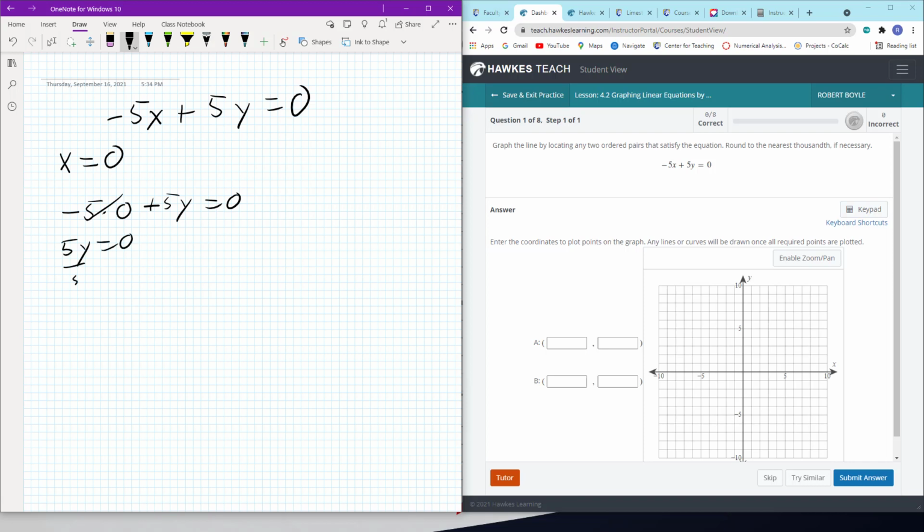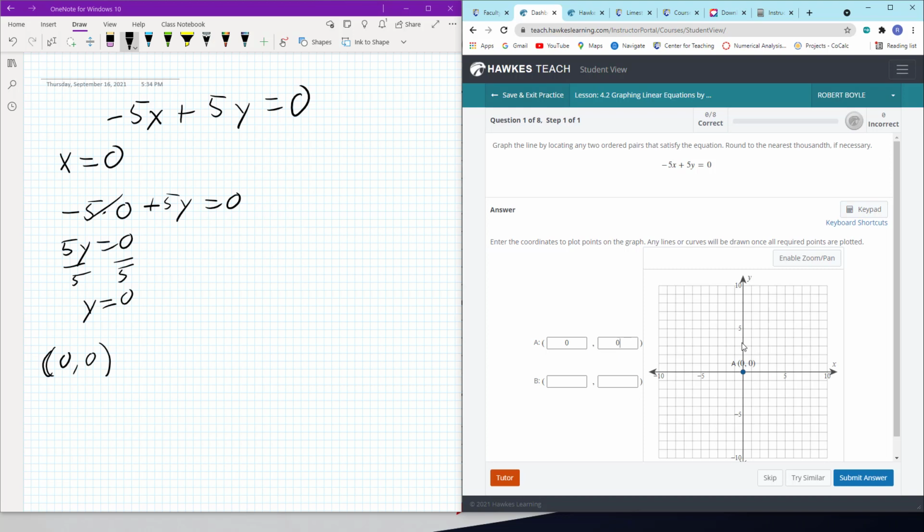We can divide both sides by 5, and we have that y is equal to 0, which corresponds to the ordered pair (0, 0), which goes straight through the origin. Okay, awesome. So we can come over here and type in 0 here and 0 here. And there's our point right down there.